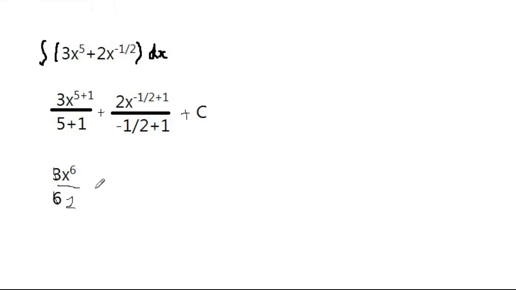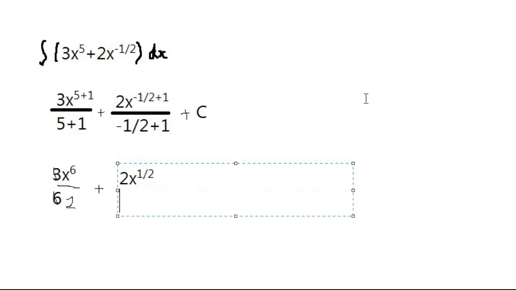So the next term, which we need to simplify, looks a bit more difficult for most people, but it's relatively simple actually. 2x. Now the power negative a half plus 1, if you write that down and think about it, you'll know that it is actually positive a half, so it's 1 divided by 2, and in terms of indices that would mean a square root.